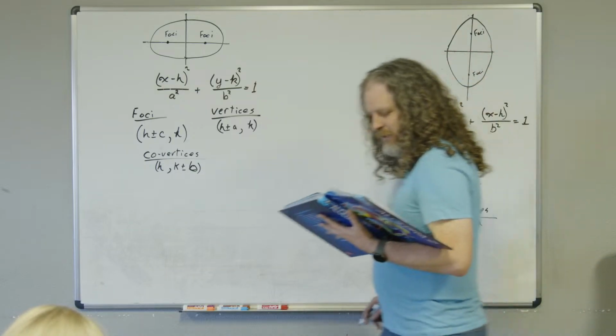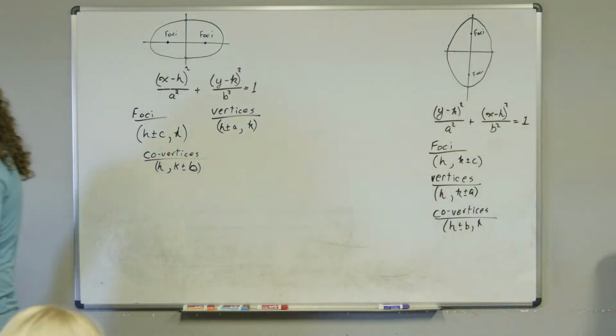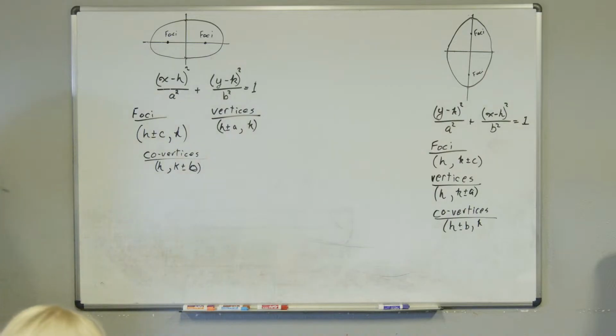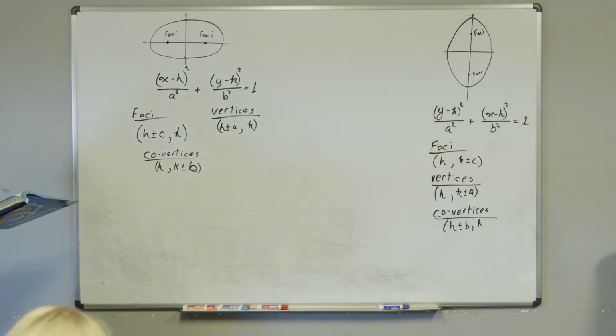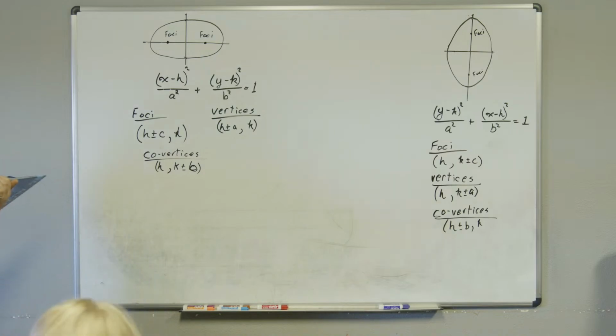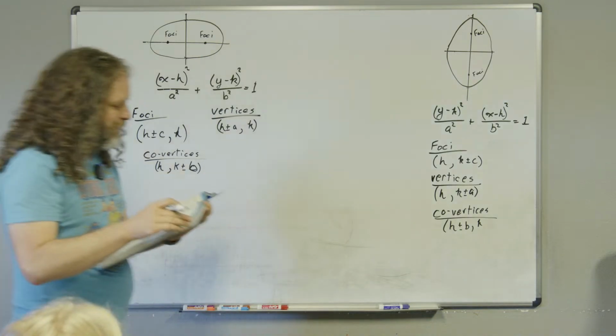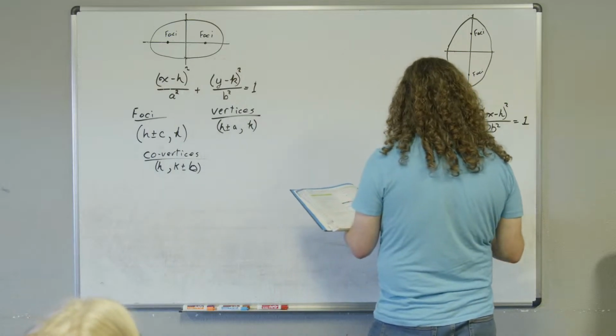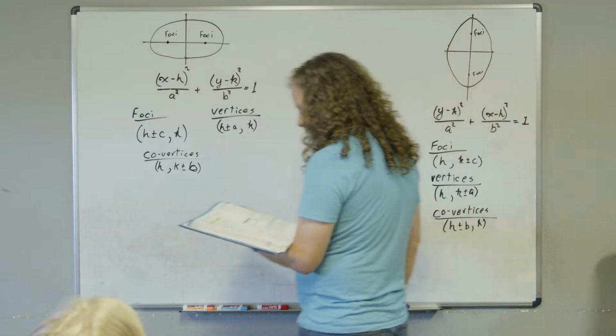So we need to know one more thing. There's one letter we don't know how to find. We don't know how to find c, so we need to know how to find c.